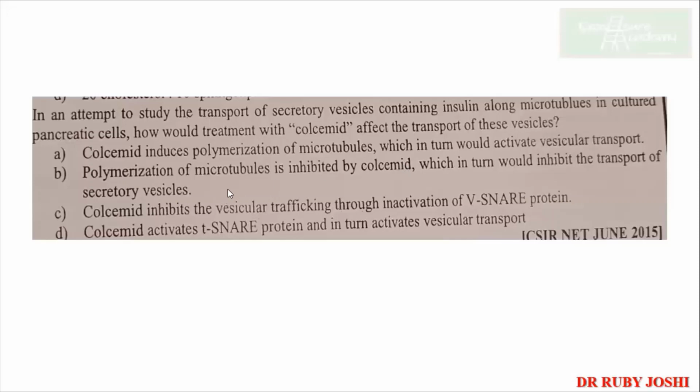Now what is this option saying? Colcemid is inducing polymerization and helping in the activation of vesicular transport. No, nothing like that. And V-SNARE and T-SNARE have no role with colcemid at all. So the answer is B, polymerization of microtubules is inhibited, hence inhibiting the transport of the secretory vesicles. Good. So the correct answer is B.